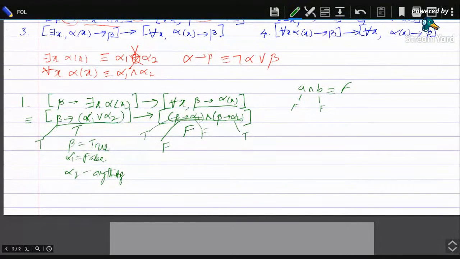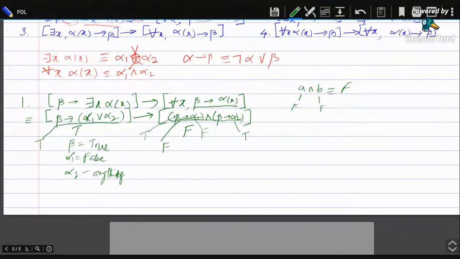Then to disprove this expression, we wanted the right hand side to be false. To make the right hand side false, one of them should be false, so we have taken the first bracket to be false. To make the first bracket false, the left hand side is already known to be true. The only option to make this bracket false is to declare alpha 1 as false. So we have used alpha 1 as false.